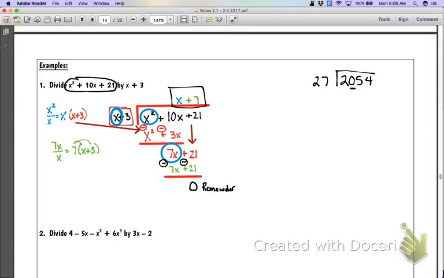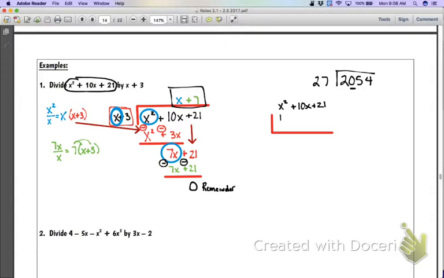Now, the flip side of this one is you wouldn't necessarily have to do long division here. In this case, you could actually do synthetic division and flip your box upside down. If I have x squared plus 10x plus 21, all I do with synthetic is take the coefficient in front of each value.